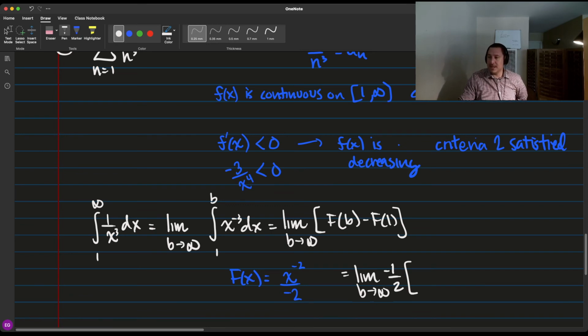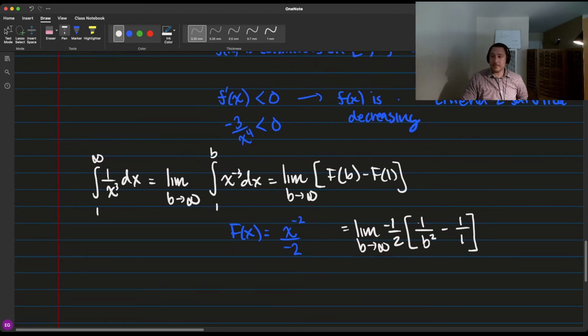Which means I'm going to get 1 over b squared minus 1 over 1. So I'm going to move that minus 1/2 out in front. I'm going to take the limit as b goes to infinity of 1 over b squared minus 1.